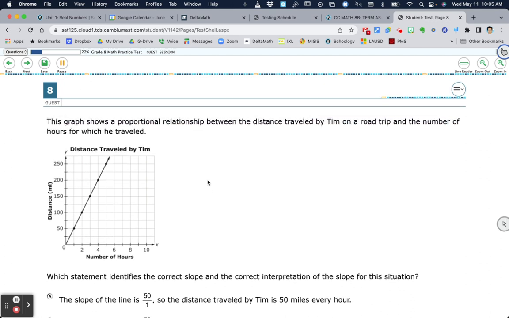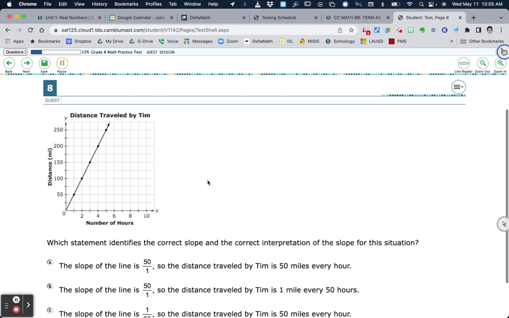This graph shows a proportional relationship between the distance traveled by Tim on a road trip and the number of hours for which he traveled. Which statement identifies the correct slope and the correct interpretation of the slope for this situation? Okay, so let's just find the slope first. So we're going to go from this point to this point.